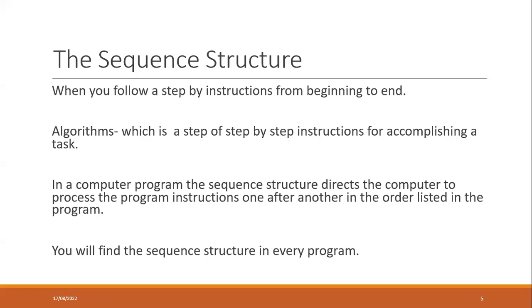Okay. So algorithm means a step-by-step instruction for accomplishing a task. That is what we call an algorithm, right? In a computer program, the sequence structure directs the computer to process the program, right?